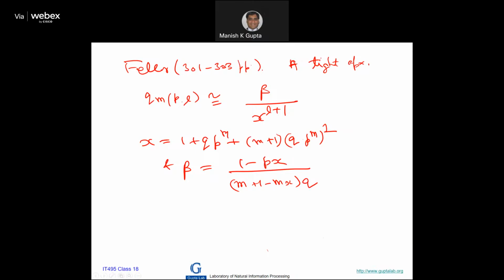So again, using the probability result, we have this approximation of QMPL. Q is here, by the way, 1 minus p, if you remember, right? Q is 1 minus p.